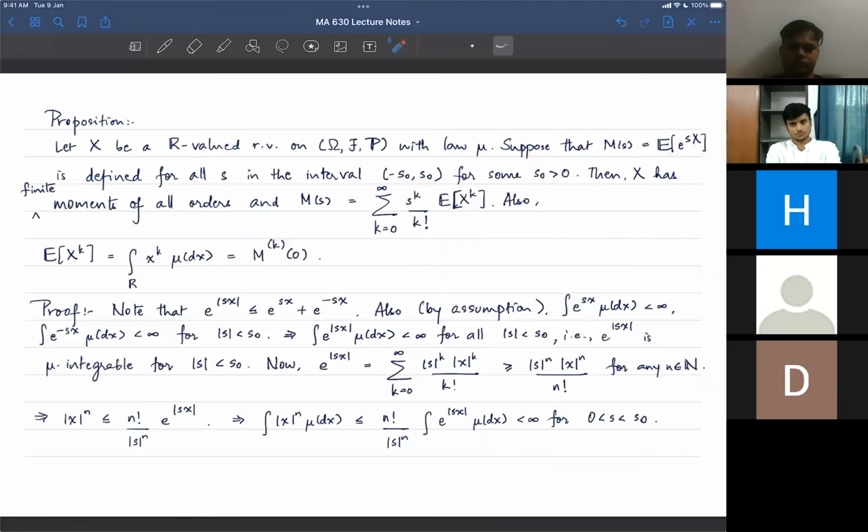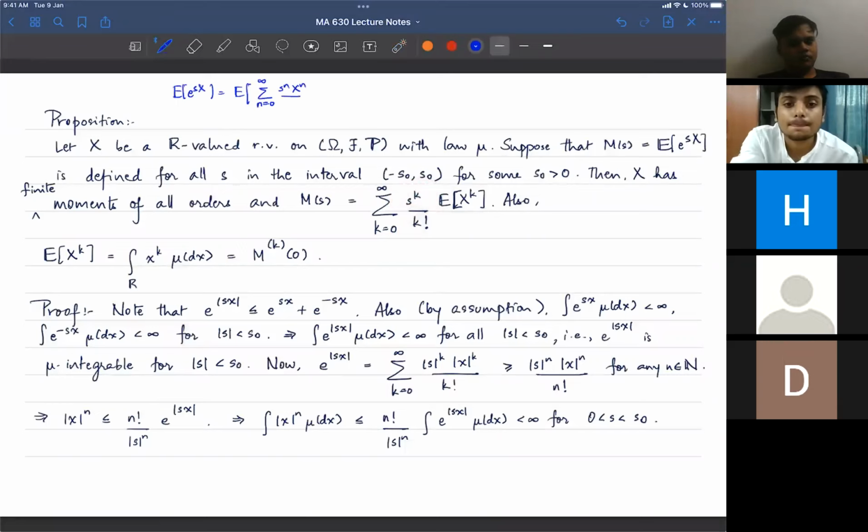Now again, why is this intuitive? This is intuitive because remember, expectation of e to the sX is going to be expectation of the sum for n going from 0 to infinity of s to the n, X to the n over n factorial. That's what you have.